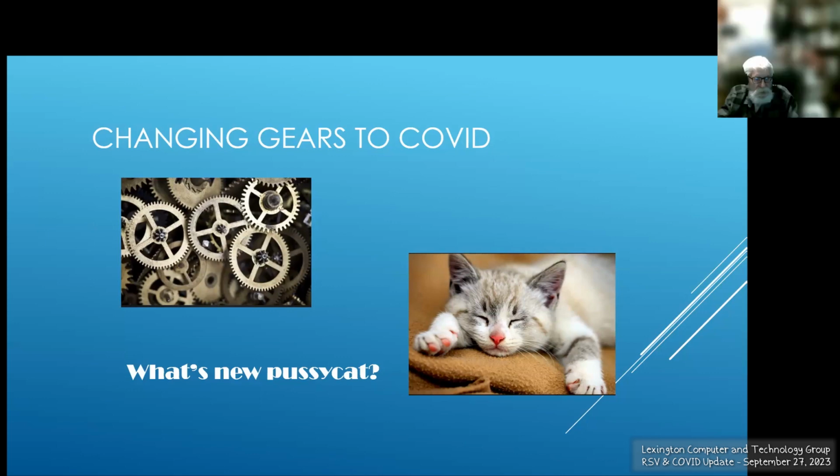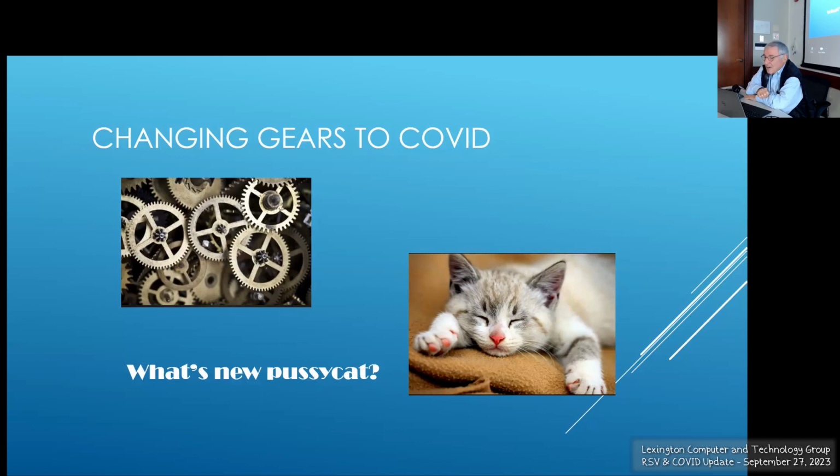All right. Okay. So now we're going to switch gears and go over to COVID and talk about some of the new stuff. But I wanted to make it linear, because it's hard to see the new stuff unless you have a linear idea of the old stuff.